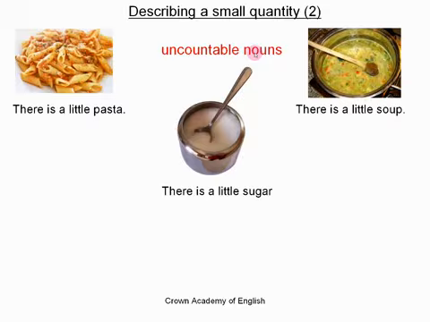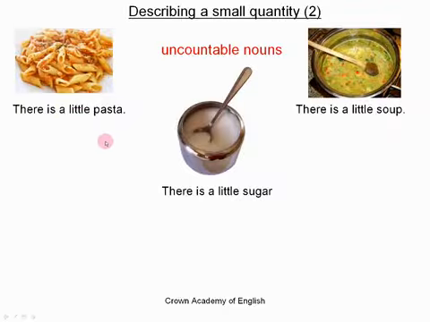We cannot count uncountable nouns. They are not separate objects. Often, they are a large mass of something, or they are often a liquid. And they exist only in the singular. Only in the singular. That is very, very important.